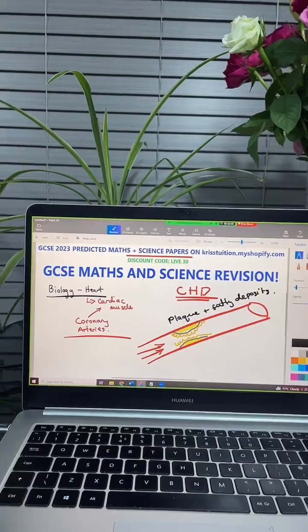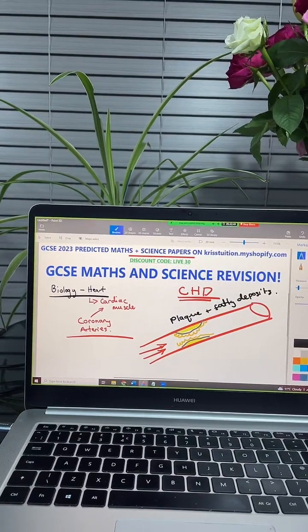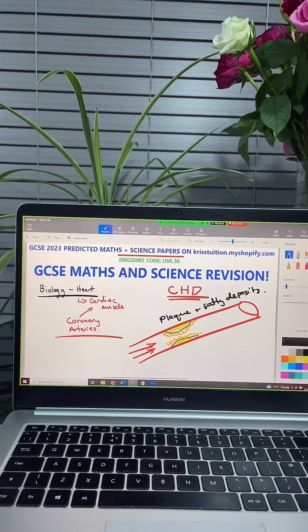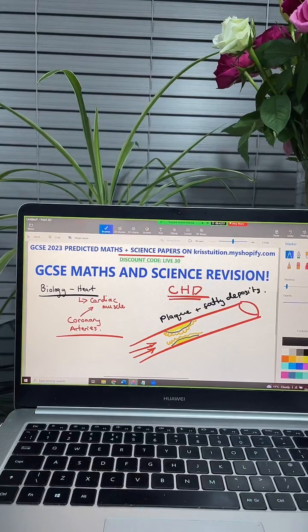And because they're less flexible, when all of this blood starts trying to get through, it can cause the blood vessel to burst. So eventually this blood vessel can burst. And what do you guys think this causes when the blood vessel bursts? Yeah, death, right? You're going to bleed out very quickly. So what you might actually notice at the beginning, you might get a heart attack and so on.